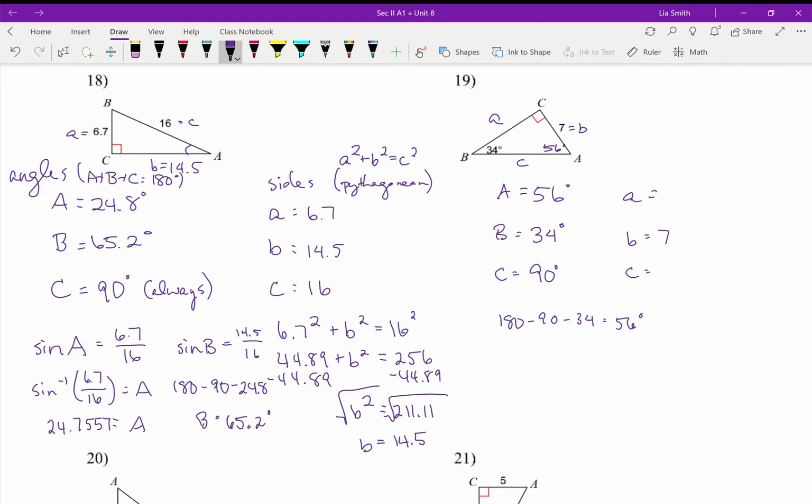So to find A, B, and C, I'm going to have to pick a trig function, and I have to pick either A or B to use. Again, does it actually matter? No, it doesn't. So just pick one. I'm going to pick B. Why not?